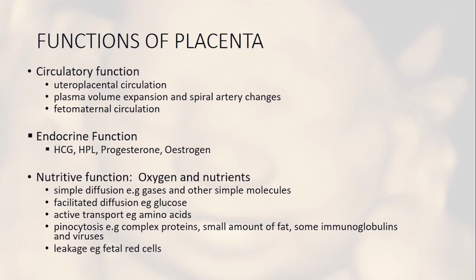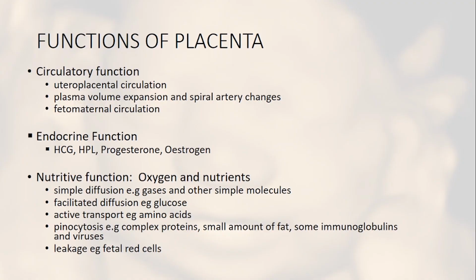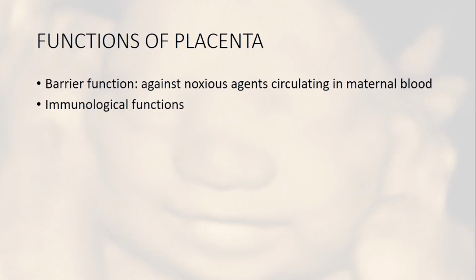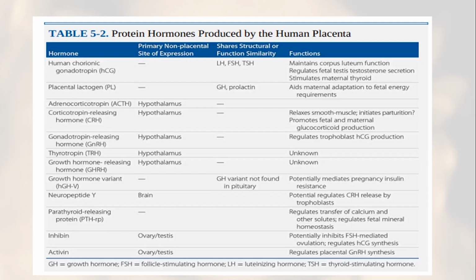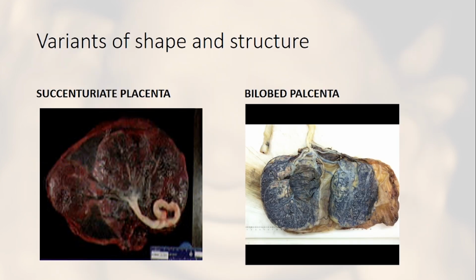Oxygen and nutrients are transported from the maternal blood to the fetus. The various methods of oxygen and nutrient transfer are listed here. They also form a barrier function against noxious agents that may be circulating in the maternal blood, and they also serve an immunologic function. This is just a table showing hormones that are produced by the human placenta.